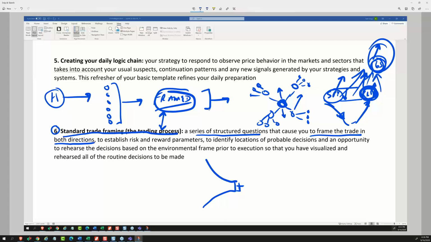And so the critical state is what we want, because then we have a higher probability of a large directional move in short periods of time so that we can get the maximum gain in the shortest amount of time. So if that's the case, then I have to be prepared to trade in either direction. So I don't have a directional bias. I can just let price pull me.